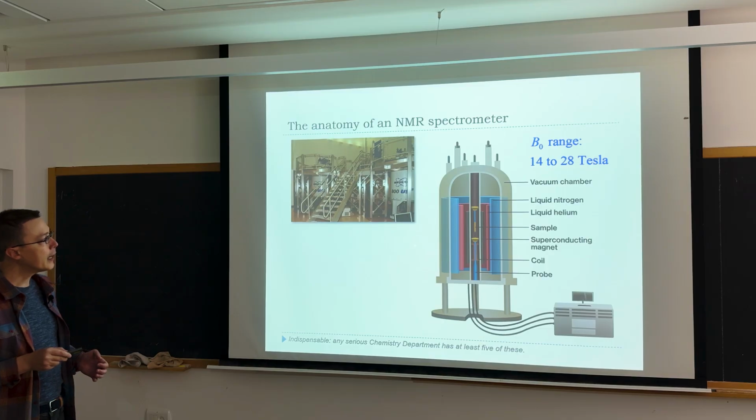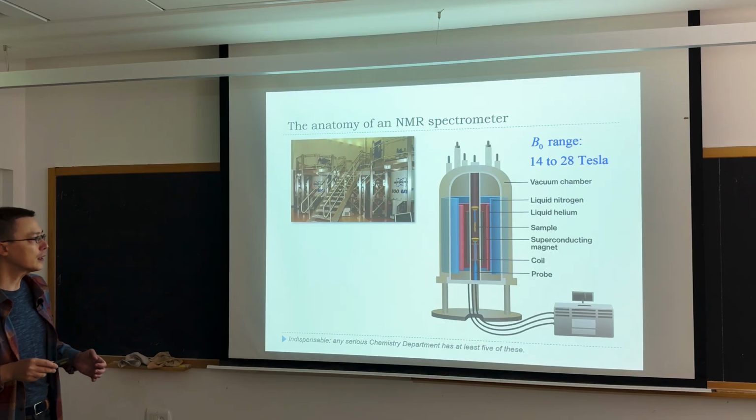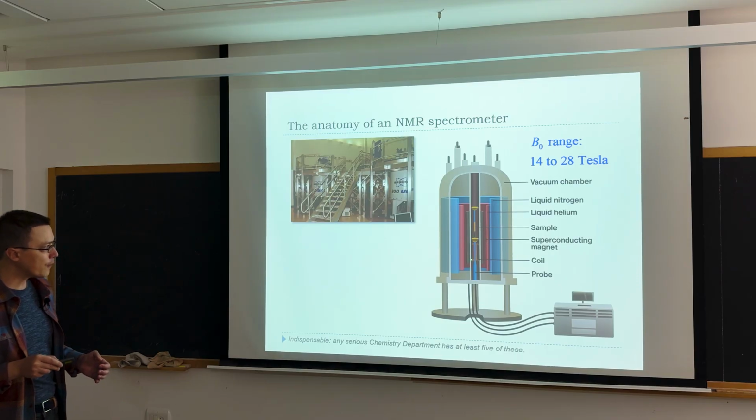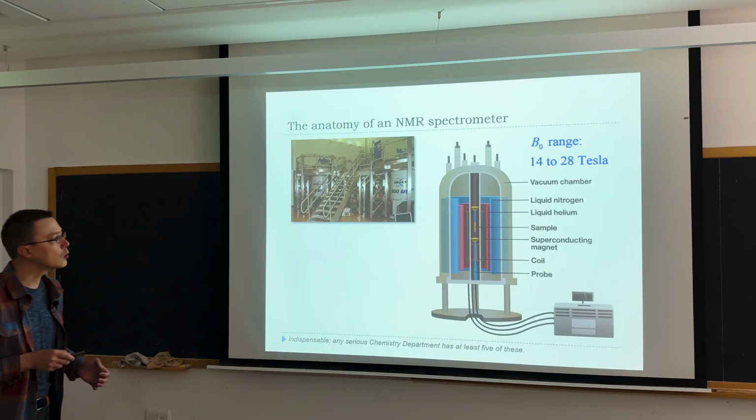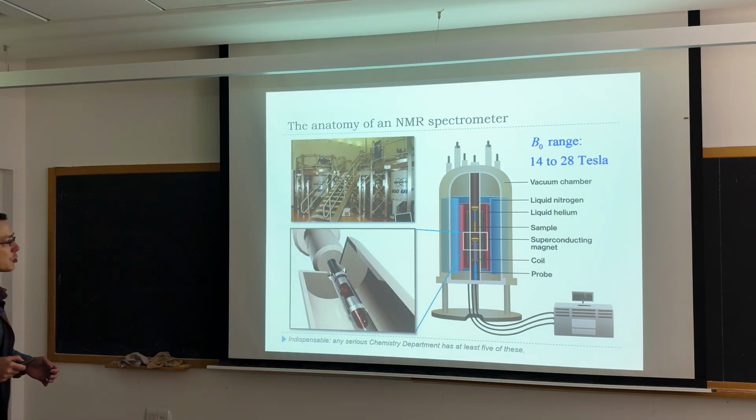voids in there, and then the superconducting magnet is immersed in liquid helium, and in the center of this magnet there are coils of the probe, which is inserted from the outside, and that's connected to the instrument electronics. If you look very, very closely inside this probe, this is about 5 millimeters across by 2 centimeters.